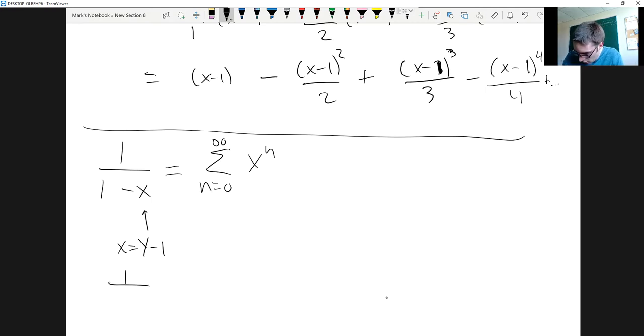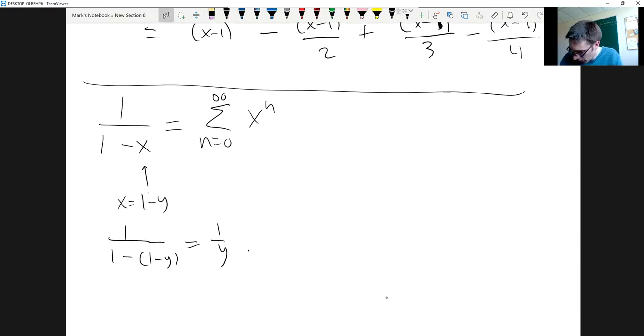What would that give us? 1 over 1 minus (y minus 1), let's make it 1 minus y. That looks a little better. That's going to give us 1 over y.